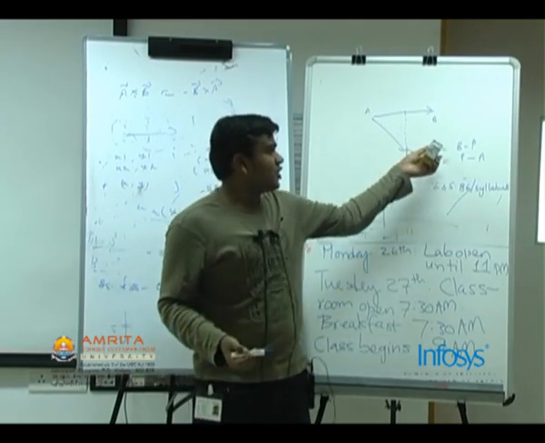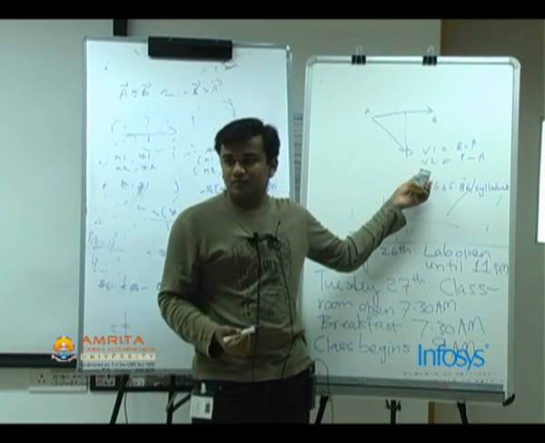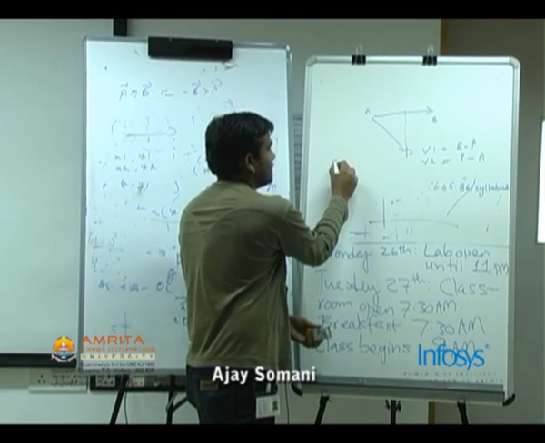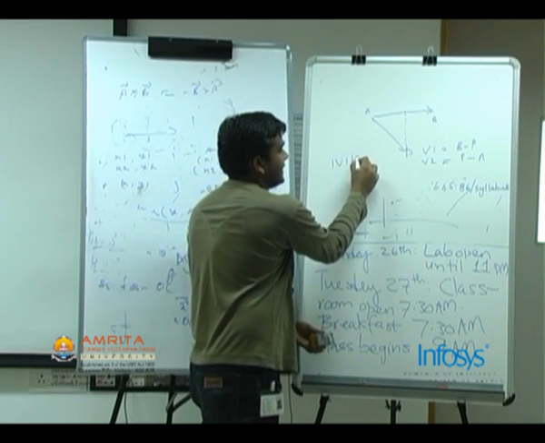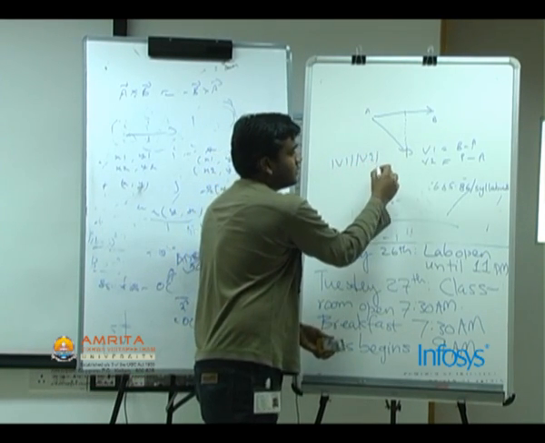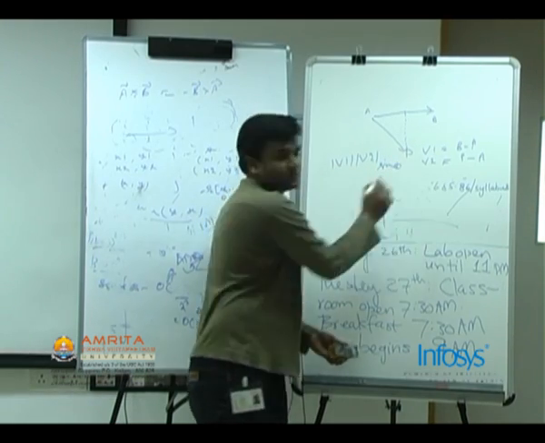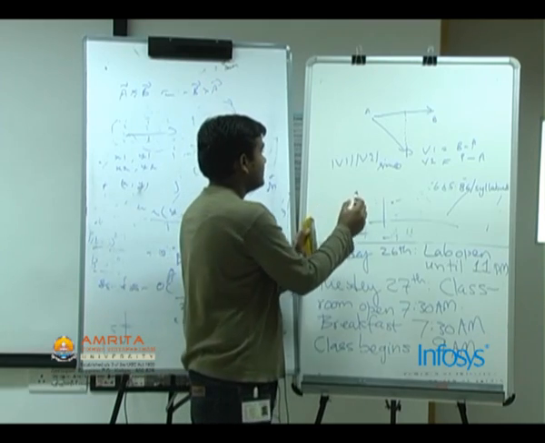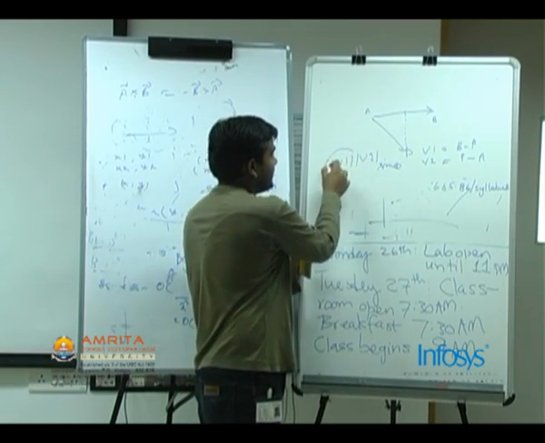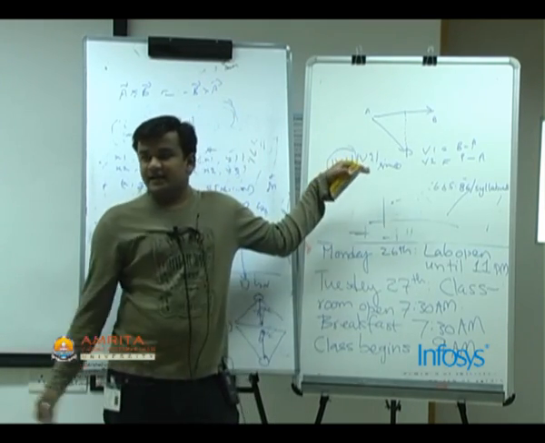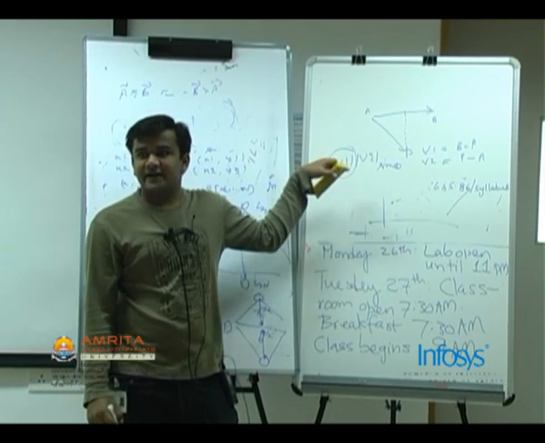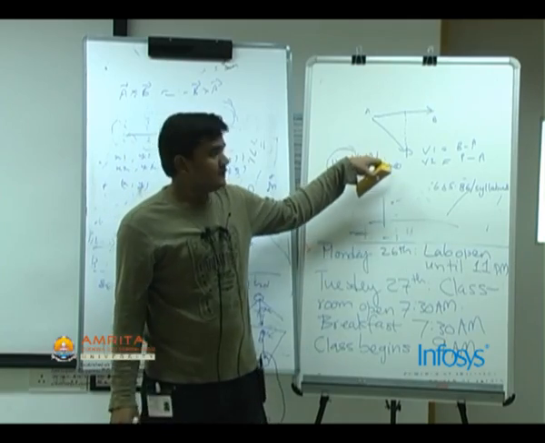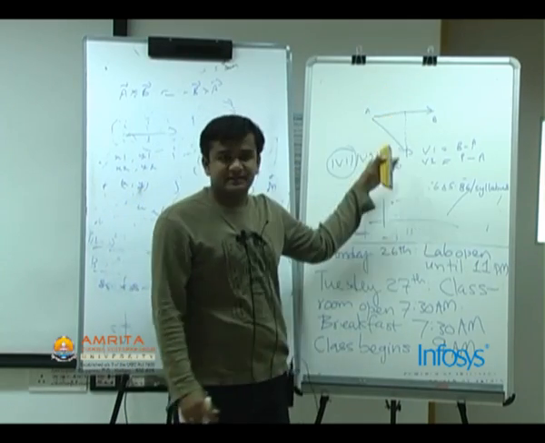Now if we took the cross product of v1 and v2, that would give me mod of v1 into mod of v2 into sin theta, right? If I remove this v1, that is if I get the cross product and divide by the magnitude of v1, I'll get v2 sin theta, that is this distance.